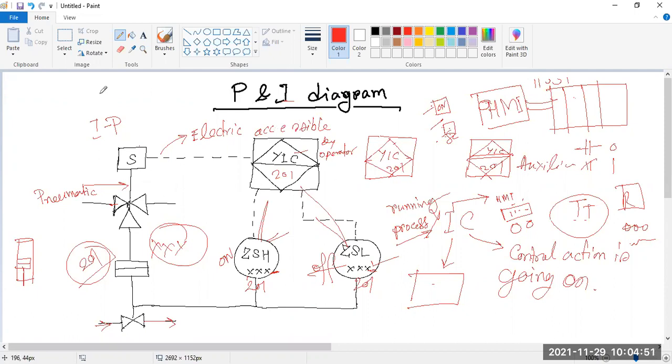Sometimes it is called PID, but it is not PID, this is P and I. Okay, PI is the piping and instrumentation diagram. Actually, in industry, the total process is run by this.